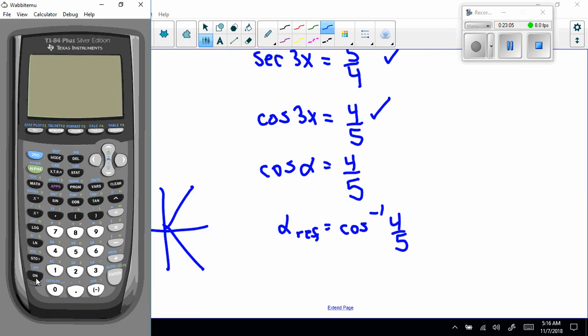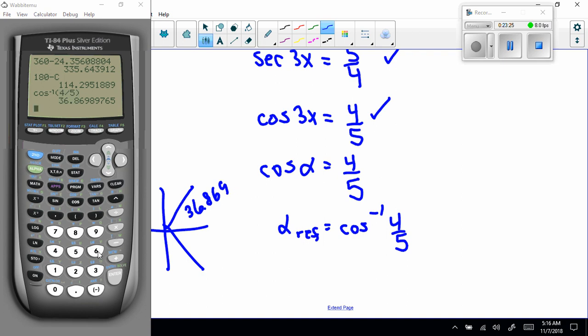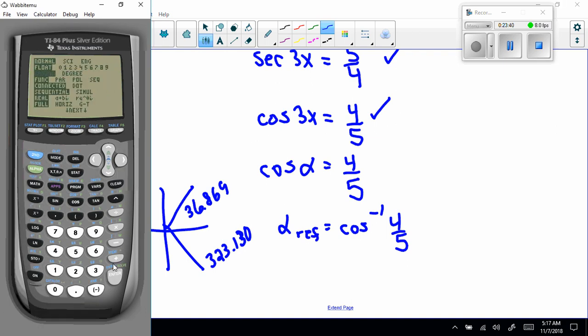And I get on, mode. Gonna work in degrees. It shouldn't work in degrees, I just always do. 4 divided by 5. I'll show you a different trick this time. So I know it's 36 degrees. And 869 can go 360 minus the last answer, and you get 323.130. Now switch the mode to radians and repeat procedure.